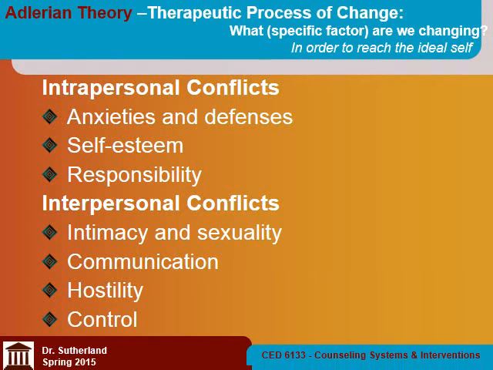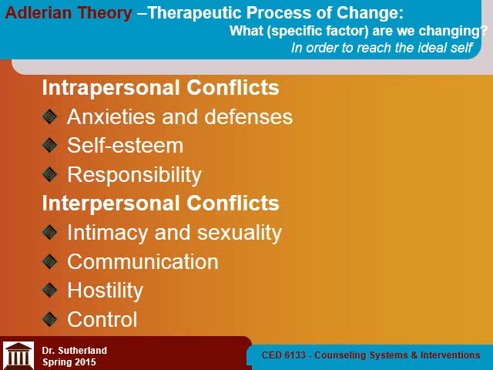So, what are we changing if we're looking at Mrs. C and trying to continue looking at the therapeutic process of change and decide on what we're focusing on here? Remember that within the therapeutic process of change, we always want to look at these 4 areas: intrapersonal and interpersonal conflicts, individual-social conflicts, and beyond conflict to fulfillment as the content areas of what we are changing.